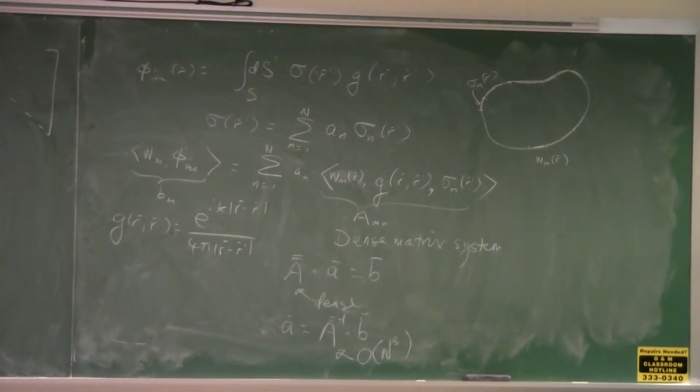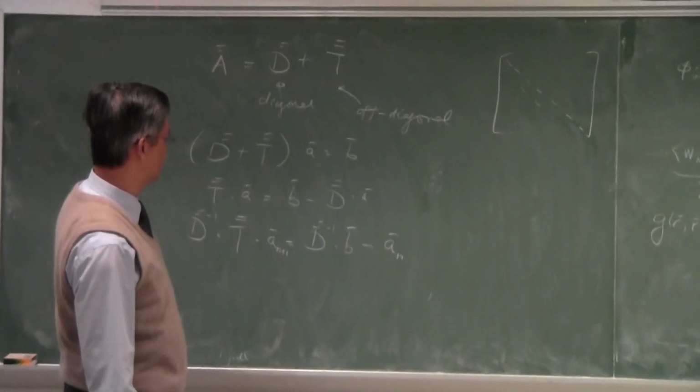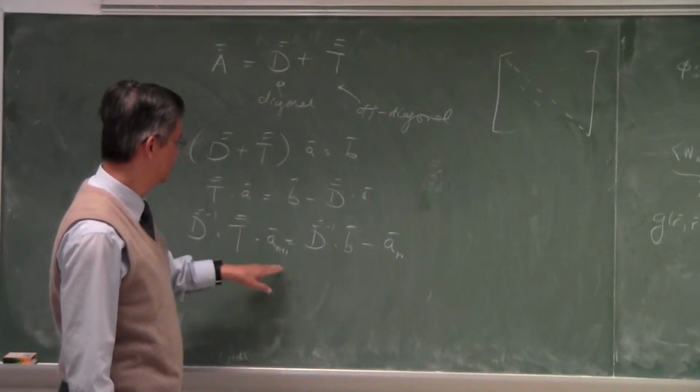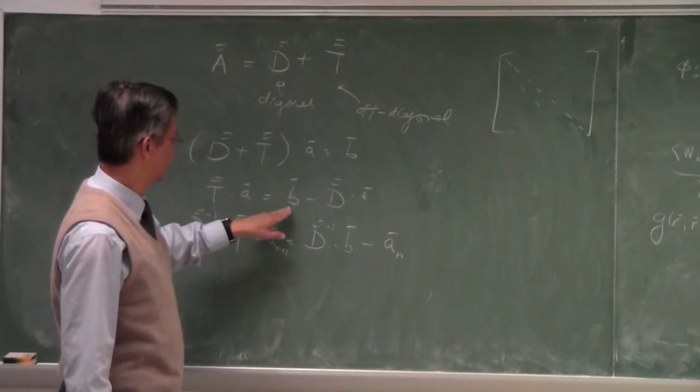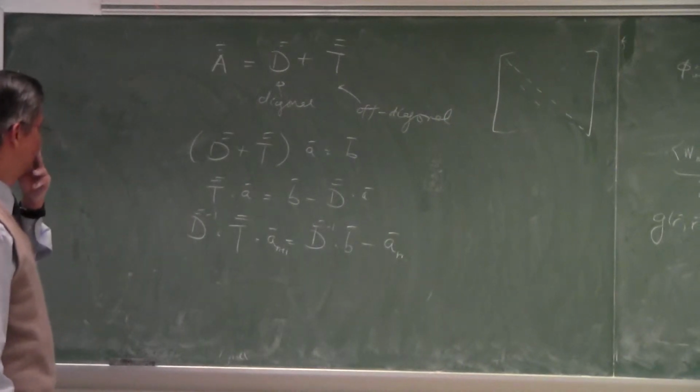So I can use this to iterate. I can find a n plus 1 from a n. I assume that after I found the solution by ignoring T, okay. I can ignore, am I right to say that?